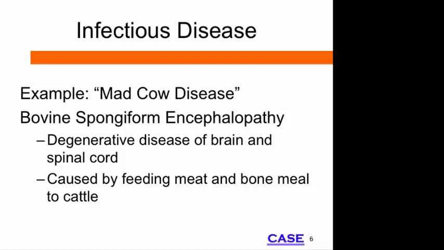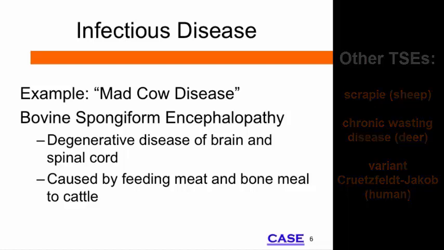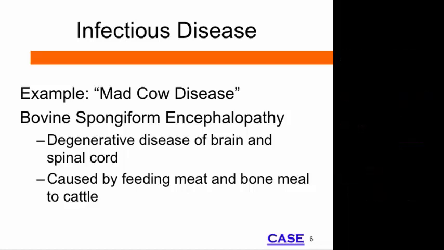It has a 3 to 5 year incubation period and is typically only seen in older cattle. BSE is a transmissible spongiform encephalopathy, or TSE. Other TSEs include scrapie in sheep and variant Creutzfeldt-Jakob disease in humans. Cattle slaughtered under 36 months of age have not been infected with BSE historically.